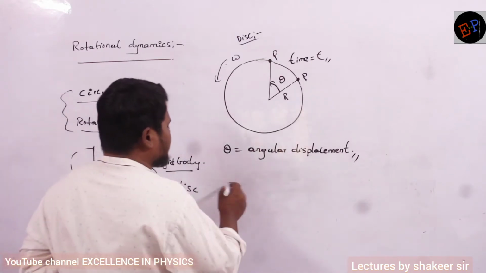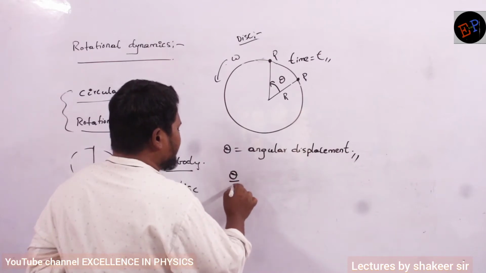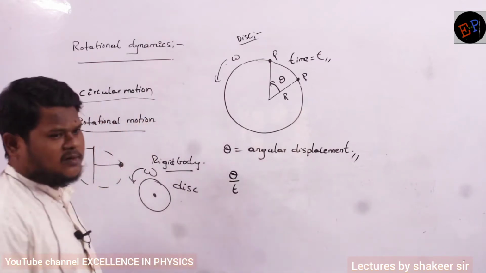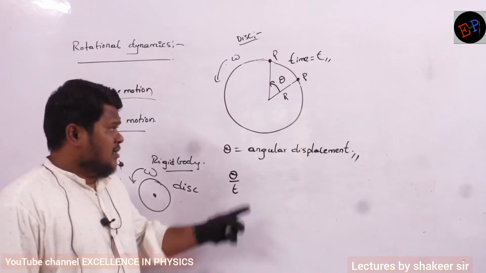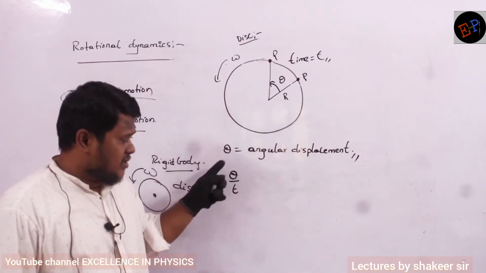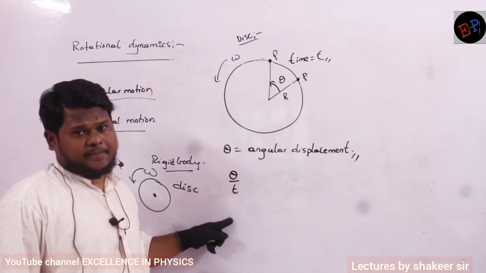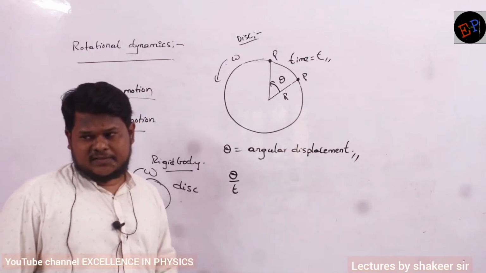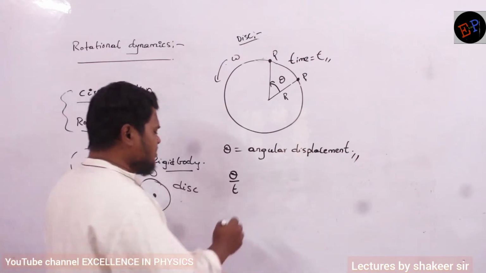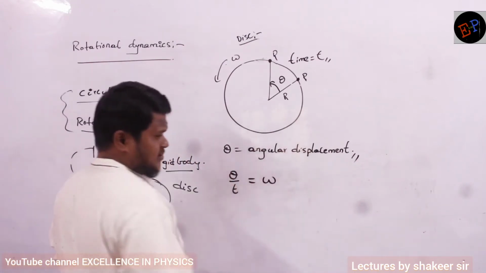So, change in angle divided by time taken. How much angle the body has rotated in a particular time. This is called angular velocity.